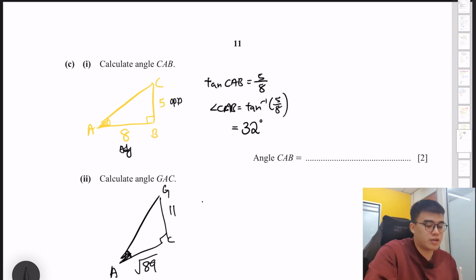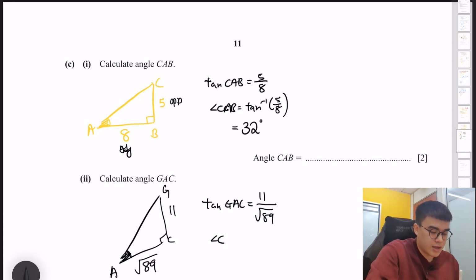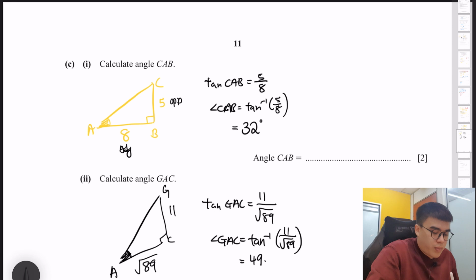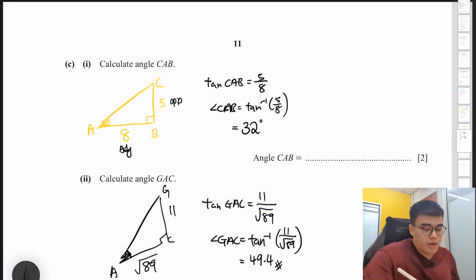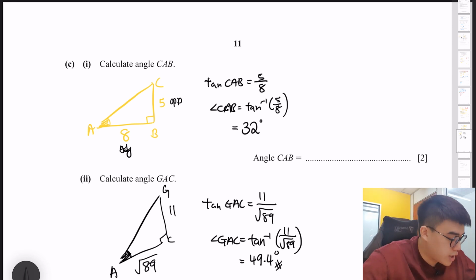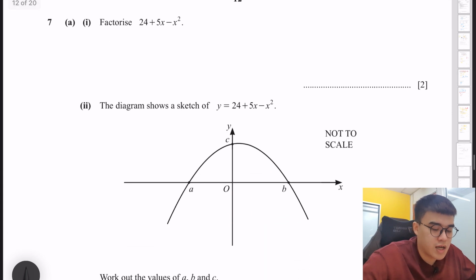So the same thing again, tangent GAC equals opposite, which is our 11 here, over our square root 89. So GAC will now be tangent inverse of 11 over square root 89, where you will get your answer as 49.4. That's the degree that they are looking for. So that's pretty much it for question 6.